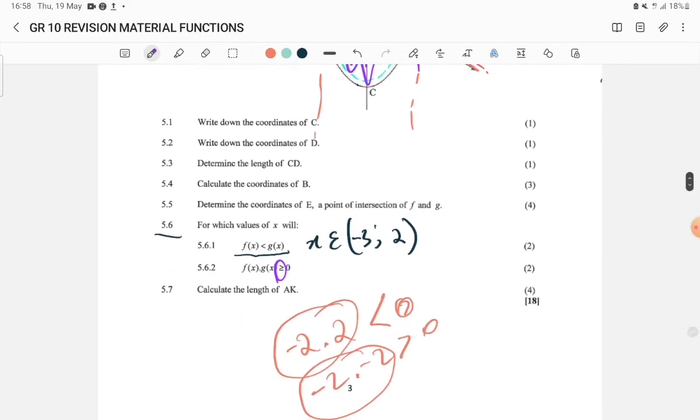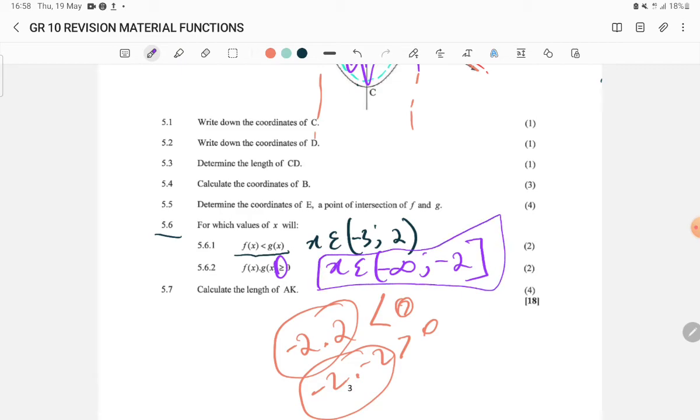So how do you write that? x is an element of negative infinity to negative 2. We have to use a closed bracket because of the equal sign as well. So this is the interval that tells us the product of these two functions is positive.